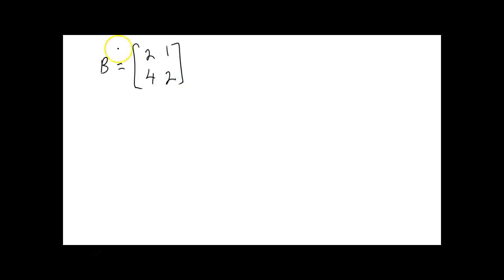It asks for the determinant of B. What would that be? It's 2 times 2 minus 1 times 4, which is 0. Do you remember what that means for us?